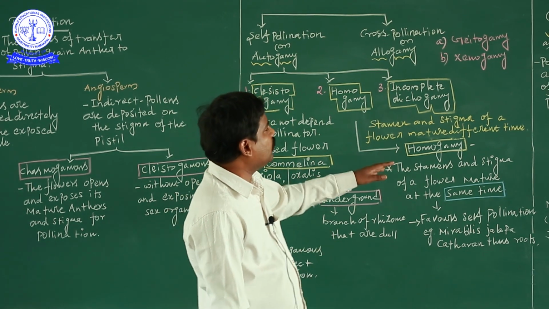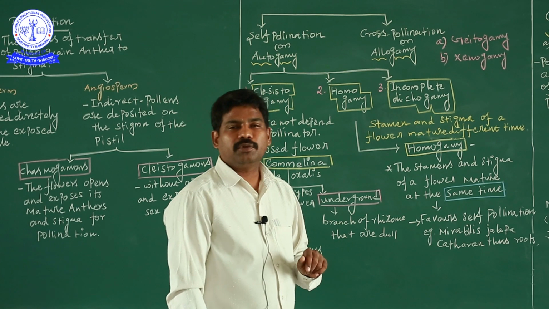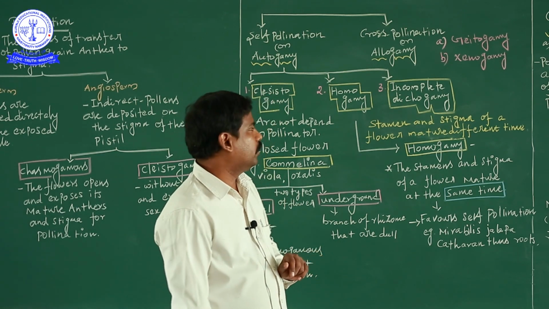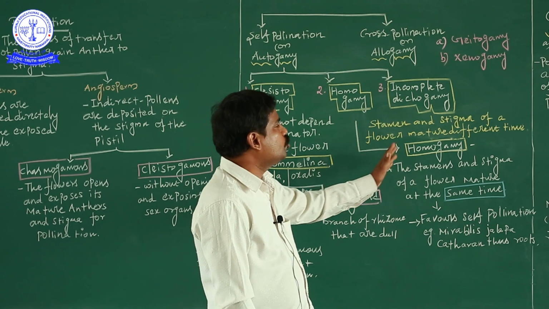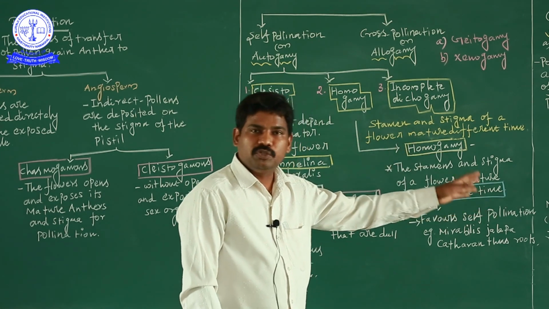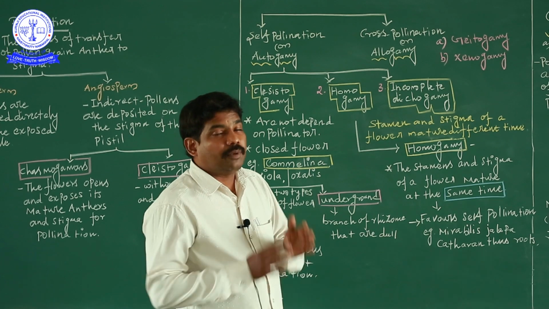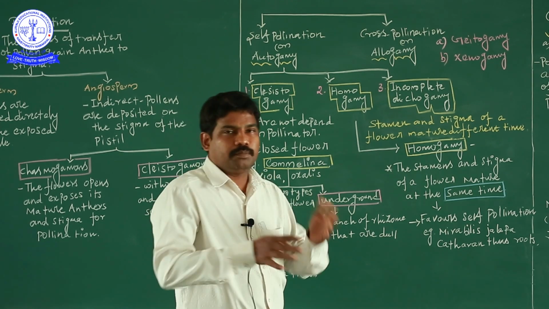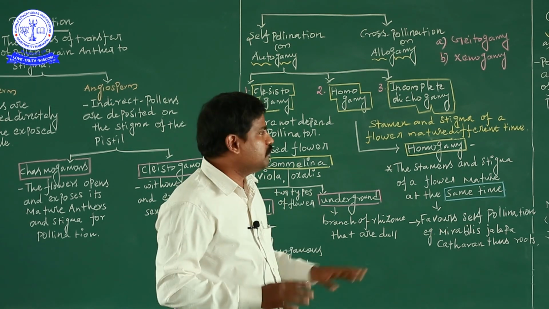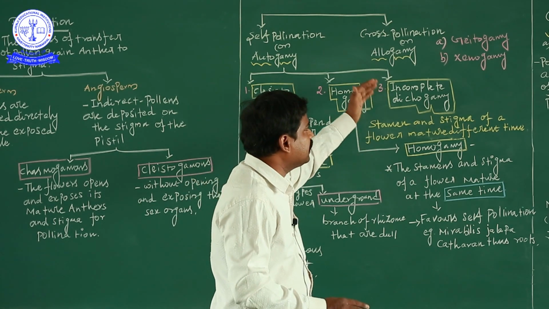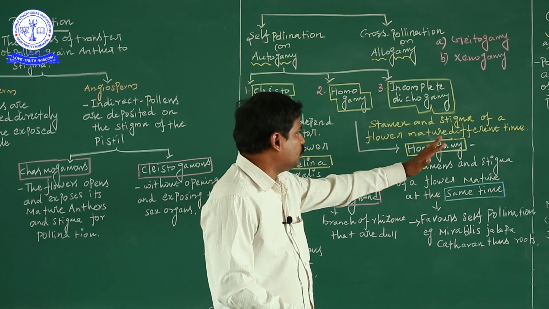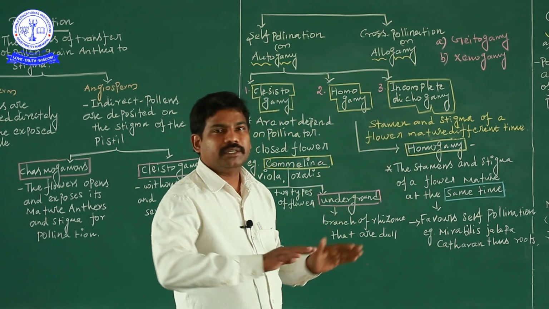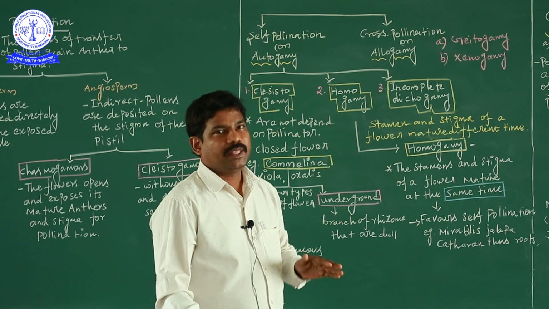And then incomplete dichogamy. The stamen and the stigma of the flower mature at different times. Is pollination possible or not possible? Now I am explaining: incomplete dichogamy means the stamen and stigma of the flower mature at different times.